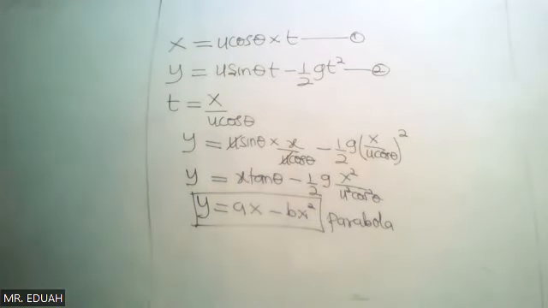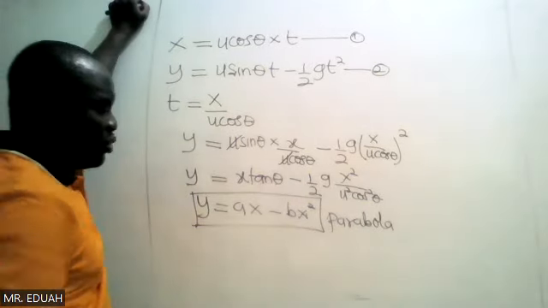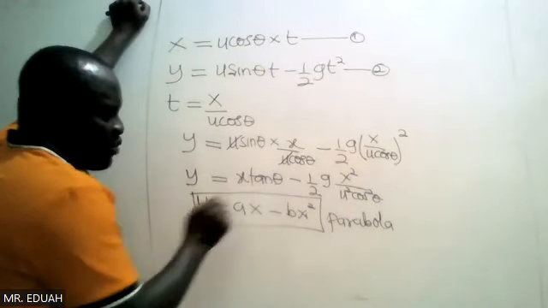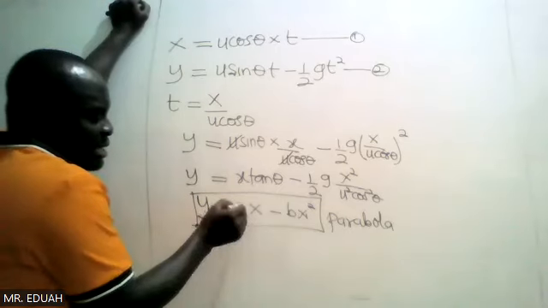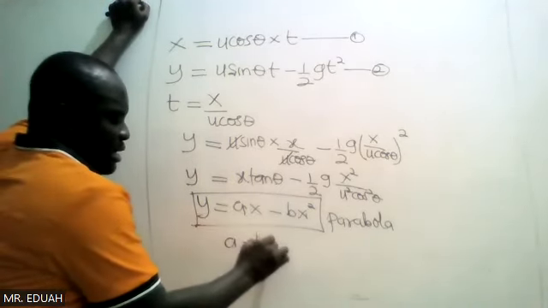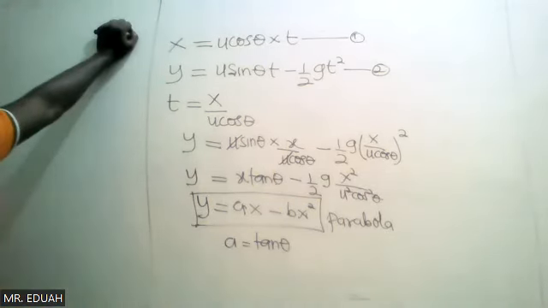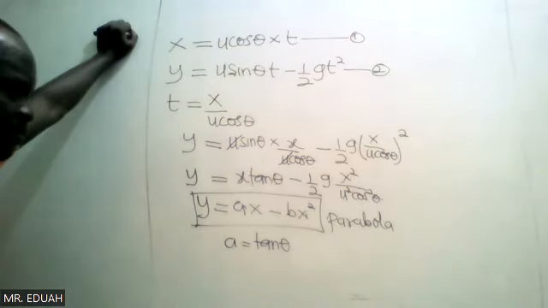When you compare, in our case, because theta, the angle of projection, we know, this part is constant. So we can say that this A is equal to tan theta. So tan theta is a constant because once you know the angle, you can find tan of the angle.